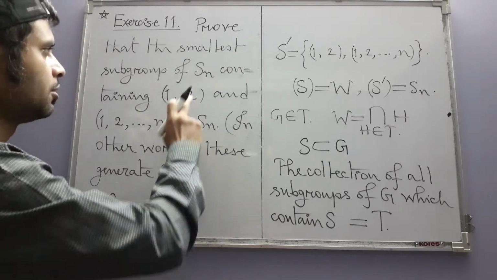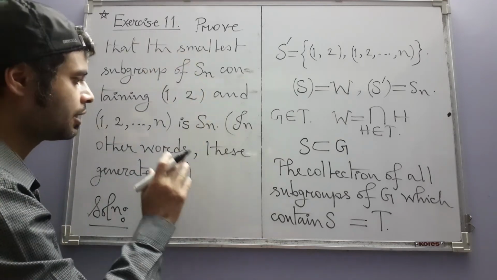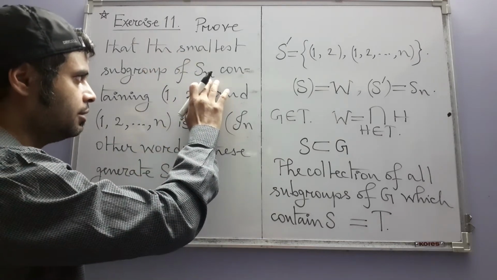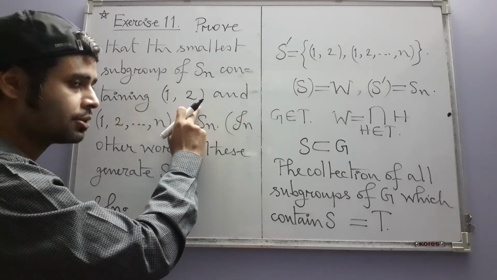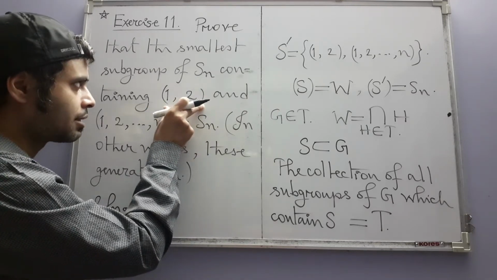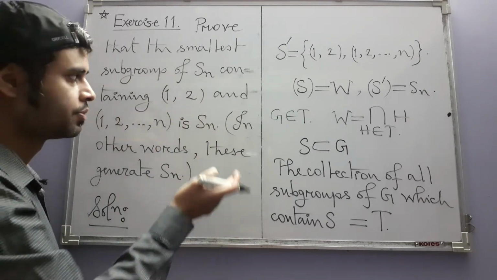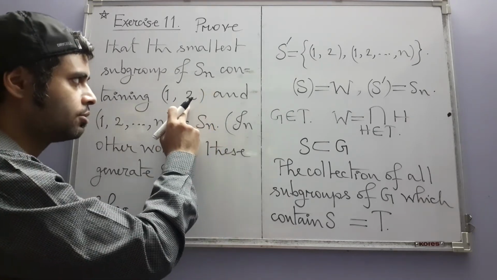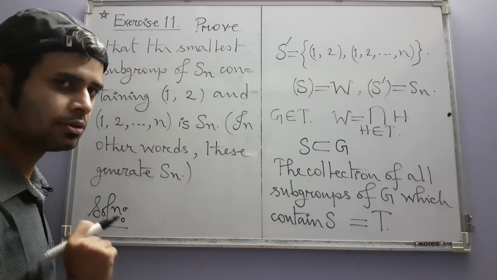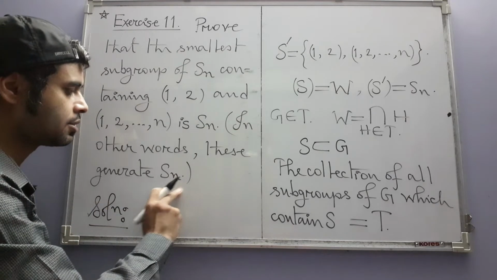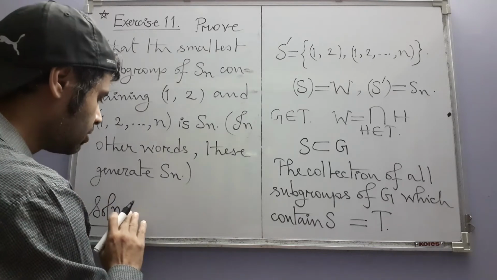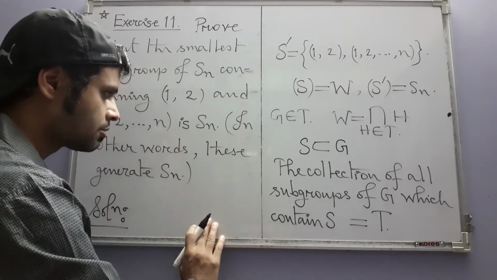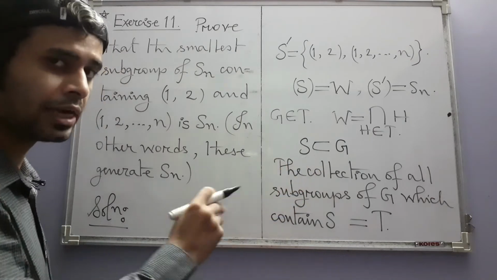That's because although nothing has been mentioned explicitly about what n is, you see 1, 2 has been mentioned, so this must at least be there in Sn. So n should be at least 2. So that's the smallest possible value of n, and in that case, the result is trivially true. We are just going to mention that in the beginning of the solution, and then of course we will see why that is the case.